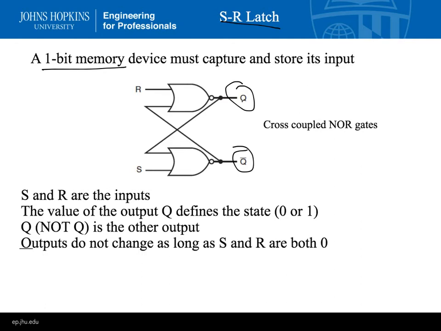The inputs are S and R, set and reset. These are going to determine whether or how we remember the Q and the not Q. So this is how we permanently store a value in memory, with a little circuit like this.